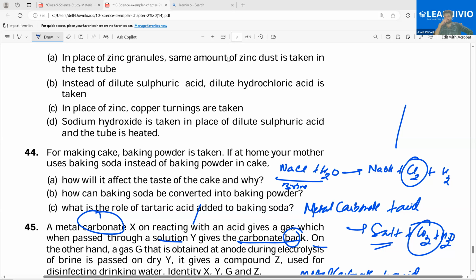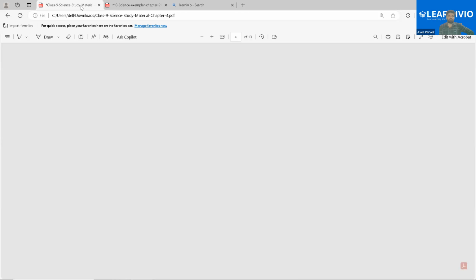You write it this way. So everyone, please write the answer for this question: it will be bitter because of the formation of sodium carbonate.